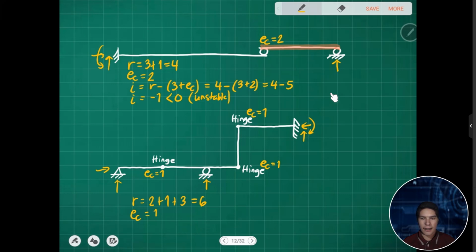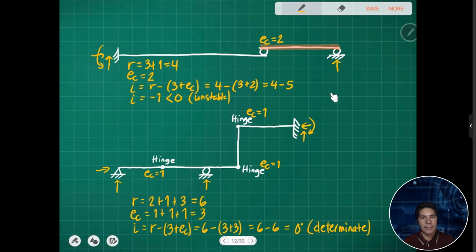So a total of 3 conditional equations. So the degree of indeterminacy is r minus 3 plus EC. So we have 6 minus 3 plus 3, so therefore we have 6 minus 6, 0 degrees. So this is determinate.